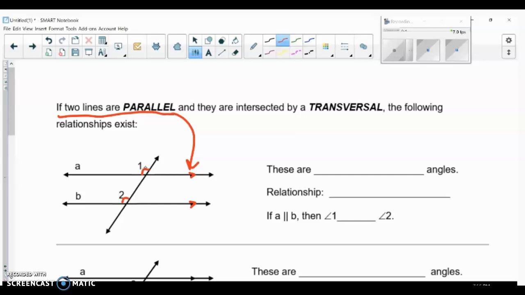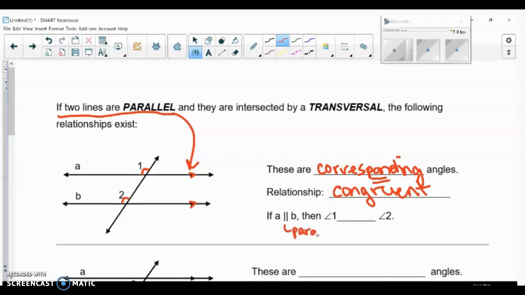Alright, now let's just take a look at 1 and 2. Now, you may remember from the first page, these are corresponding angles. And the relationship is that corresponding angles are always congruent to each other. You can actually kind of just see this by looking at it, but in case it's not obvious, just remember that relationship.